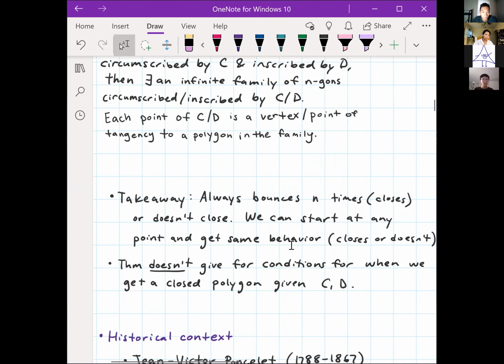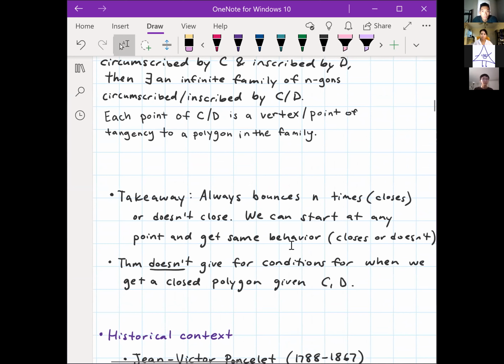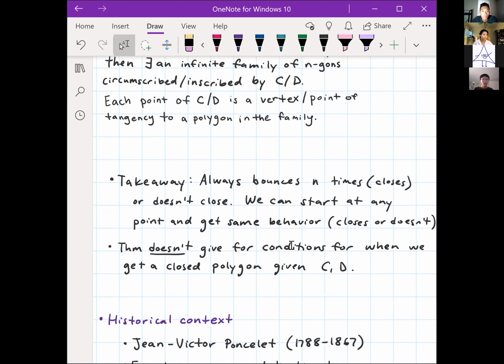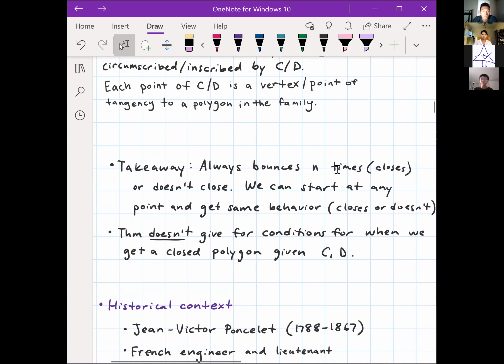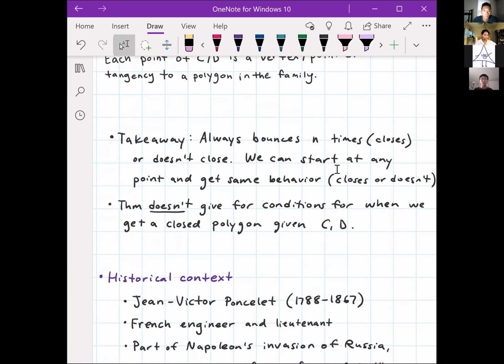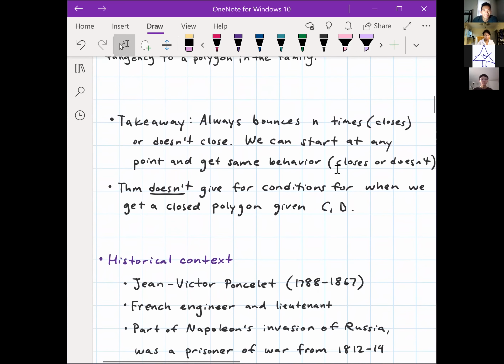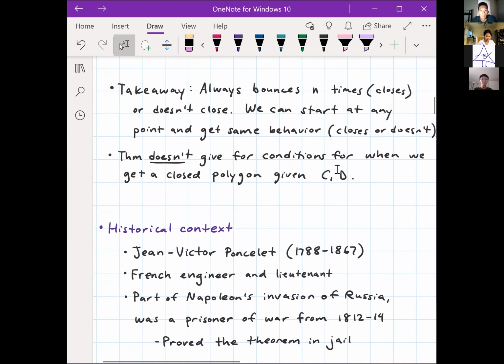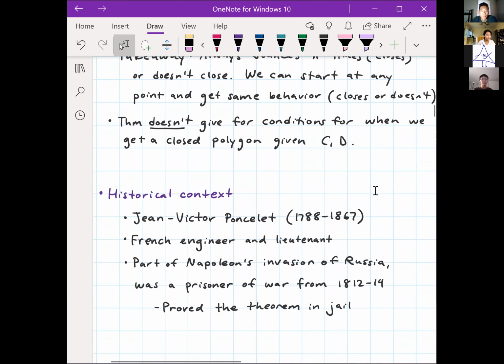And I just wanted to give a little bit of historical context for where this theorem came from, because it's kind of interesting. It was proven by Jean-Victor Poncelet, who was a French engineer by training. And he was also a lieutenant in Napoleon's army. So he invaded Russia in 1812.